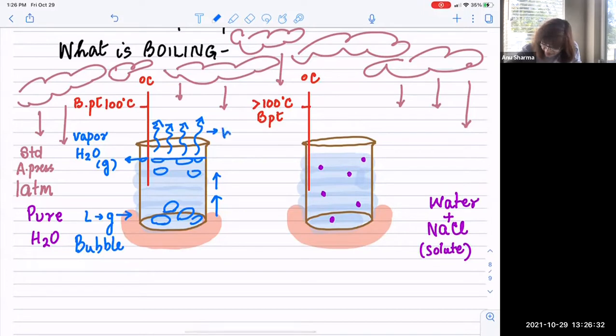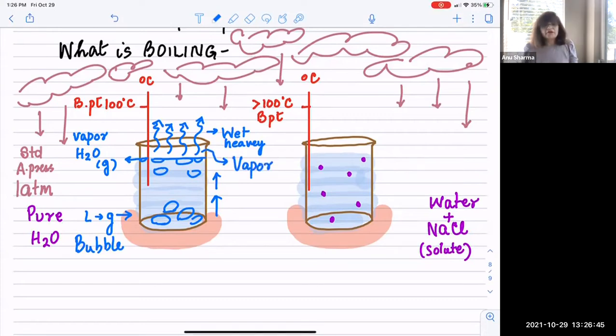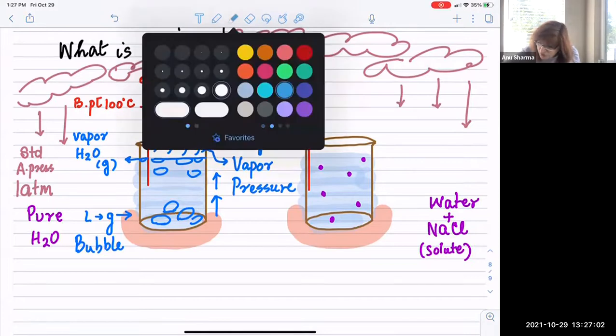They are wet and heavy, so they remain on top, and they exert their own pressure, called vapor pressure, because they are all collected on the top. They cannot escape readily. Why? Because the atmospheric pressure is pushing them down. There is a little tug of war happening.